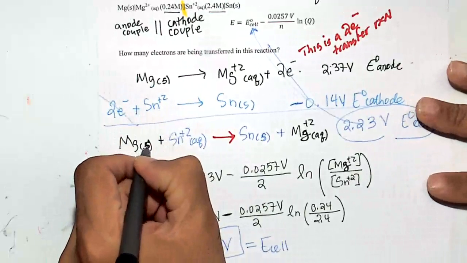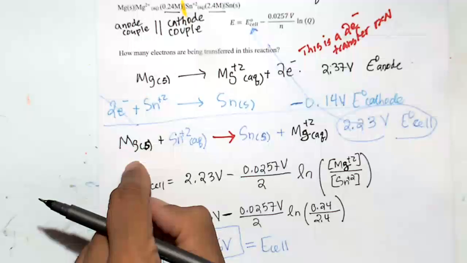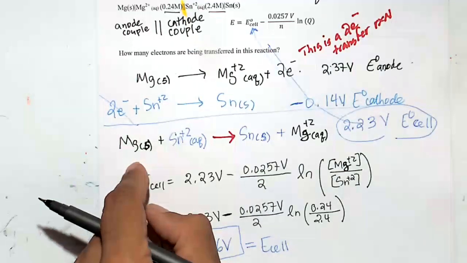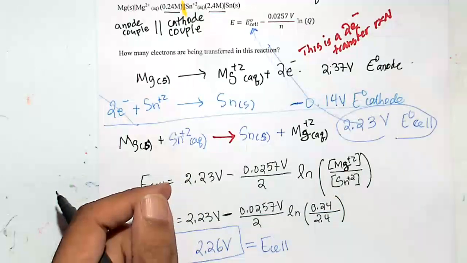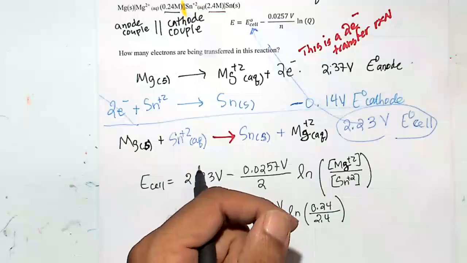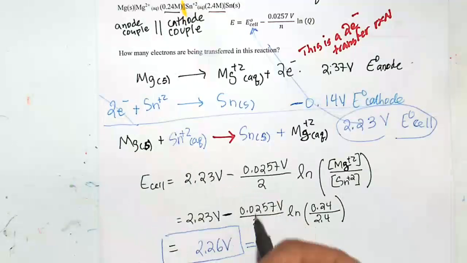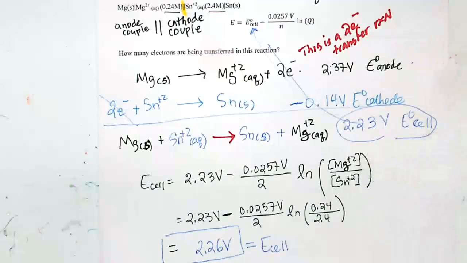This is magnesium solid, and this is magnesium plus 2. First of all, solids don't go in. Solids and liquids don't go into it. You never put solids and liquids in Q or K. Solids don't have a concentration, Leslie. They have a density, so we can't put moles over liter for a solid. Okay, all right, that's good.